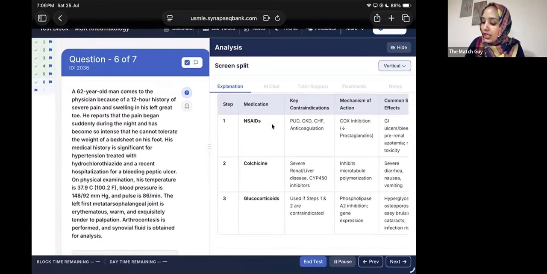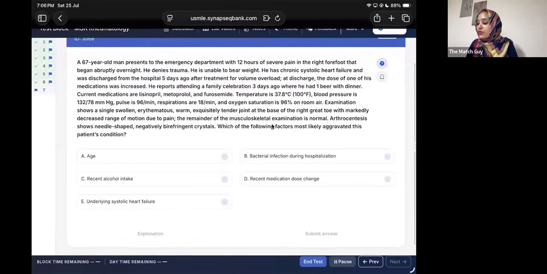Okay, let's see the final question. Which of the following factors most likely aggravated this patient's condition? A 65-year-old man presents to the emergency department with 12 hours of severe pain in the right forefoot that began abruptly overnight. He denies trauma. He's unable to bear weight. He has chronic systolic heart failure and was discharged from the hospital 5 days ago after treatment for volume overload.